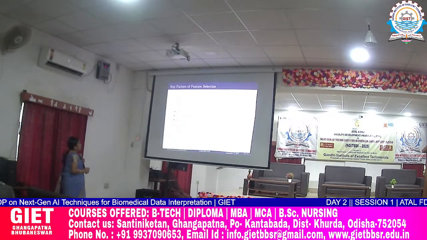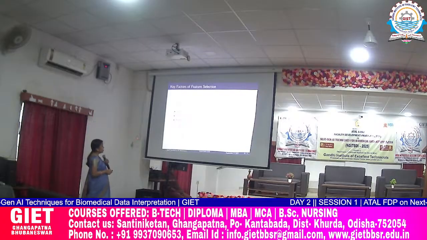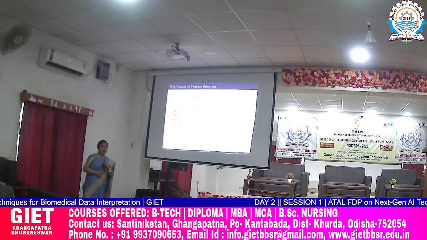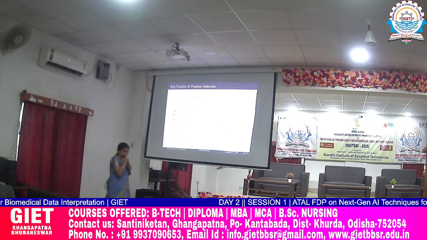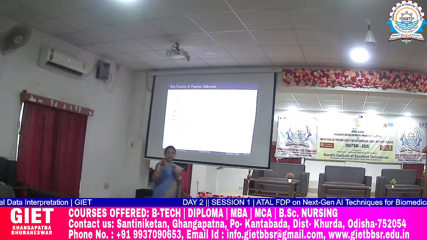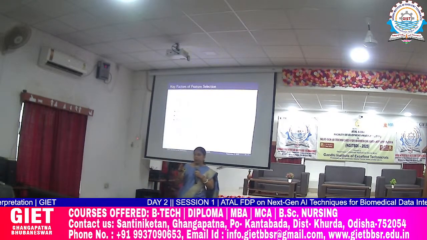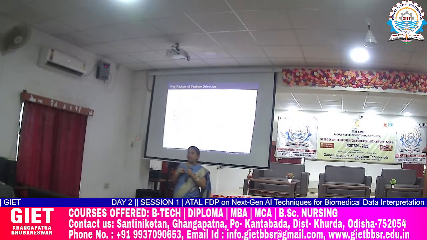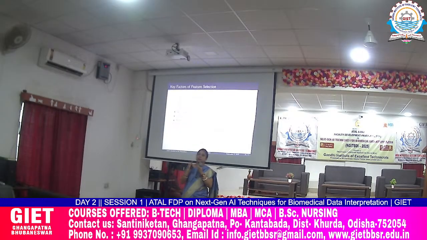Now these are the major challenges or key factors of the feature selection problem. Suppose there are three features, X1, X2, X3. I want to find the best subset of features.